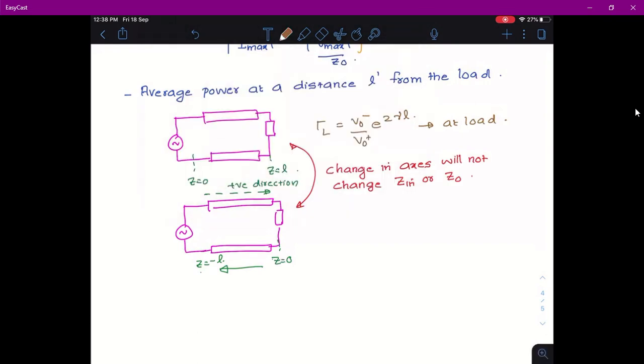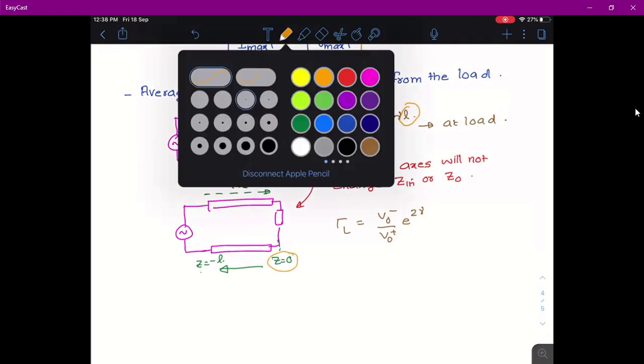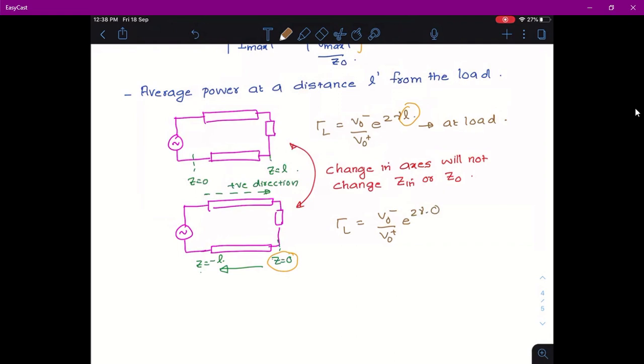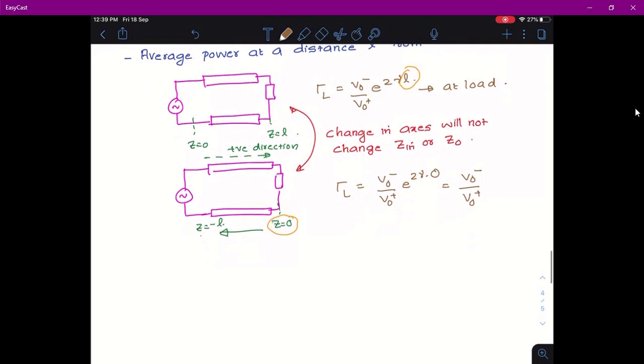Now, let us see what tau L is. It is V0 minus by V0 plus e raised to 2 gamma. Previously, we have seen that when Z equal to L, you have an L term here. Now, Z equal to 0 at the load, so this is multiplied by 0. So, that is V0 minus by V0 plus, which is now your new tau L. We will use that in our equation.